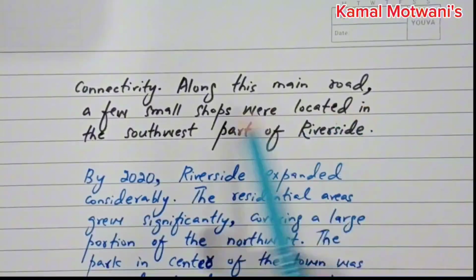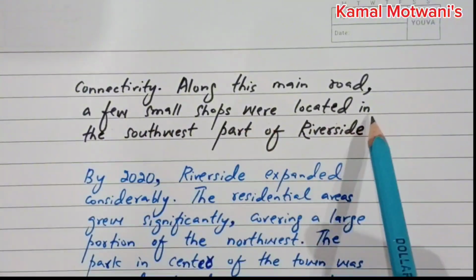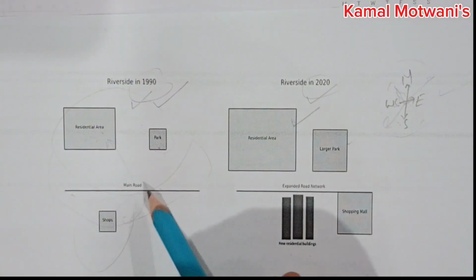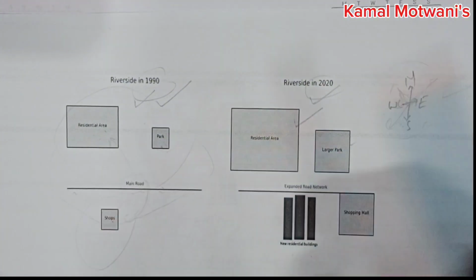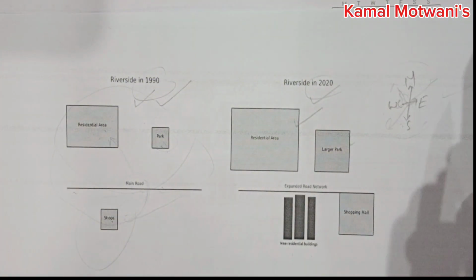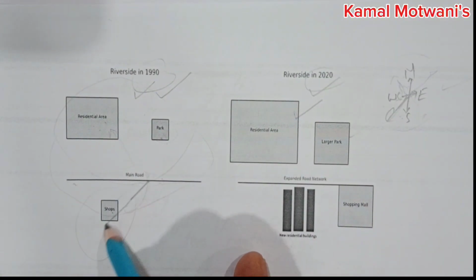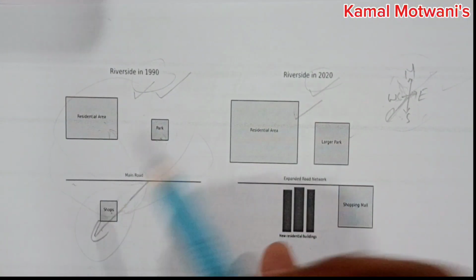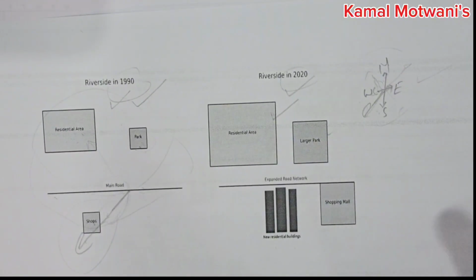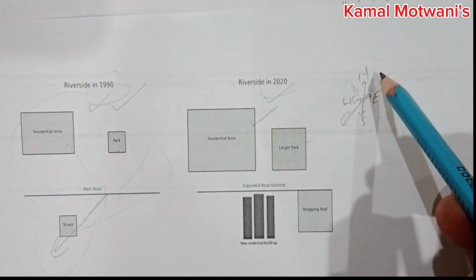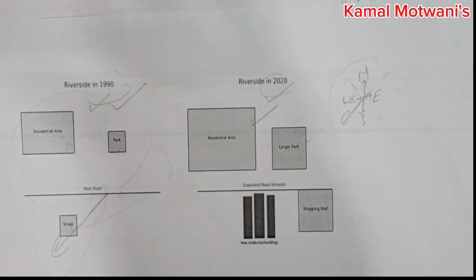Along this main road, a few small shops were located in the southwest part of Riverside. See, along this road, a few shops in the southwest. See, this is the southwest part where shops are located. This is how you write the information in the paragraph format, but do notice that you have pretty good knowledge about the directions.